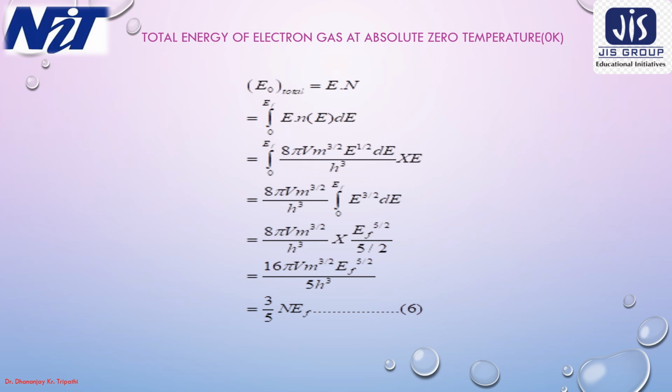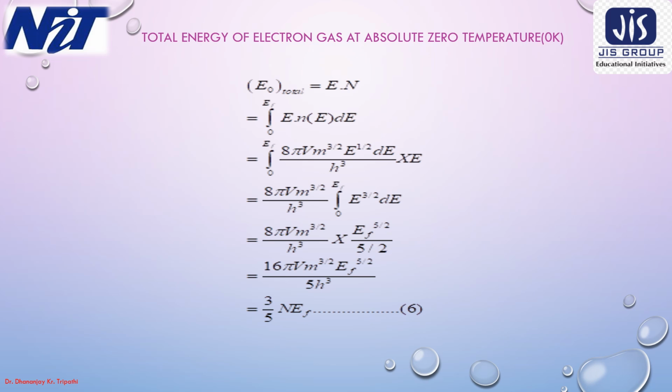Now capital N is what? It is the integral from 0 to EF of N(E) dE. So you replace this N by the integral from 0 to EF of N(E) dE, and at 0 Kelvin temperature we have seen that N(E) is equal to G(E). That means whatever number of electrons are available, that many quantum cells are available.